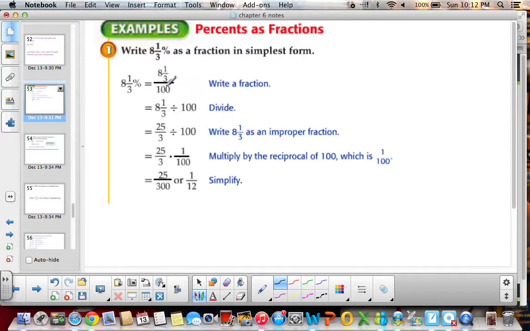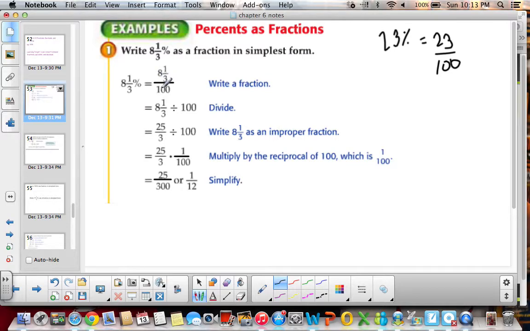So 8 1/3 over 100. It's just like if it was 23%. That would be the same as 23 over 100. Any number with a percent is that number over 100.